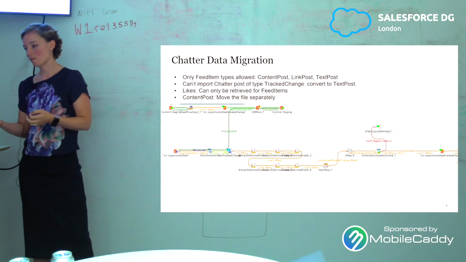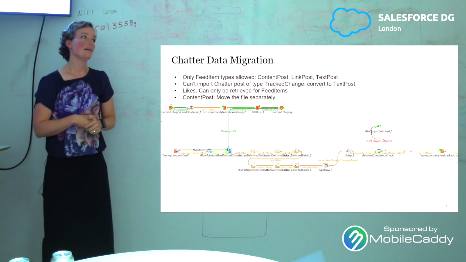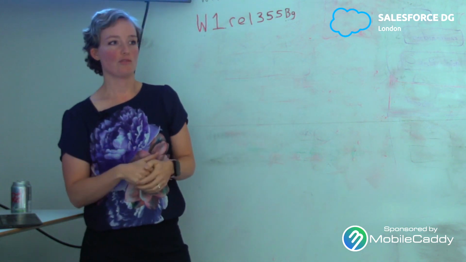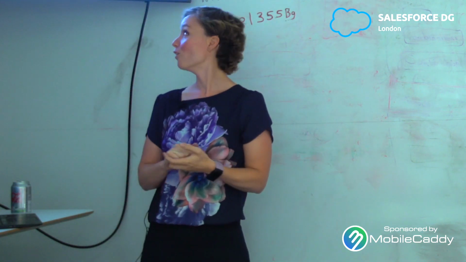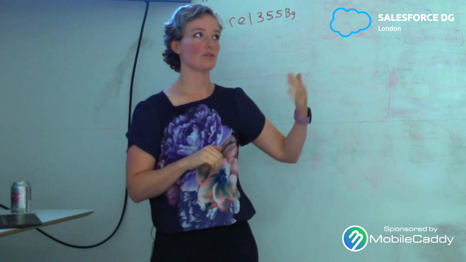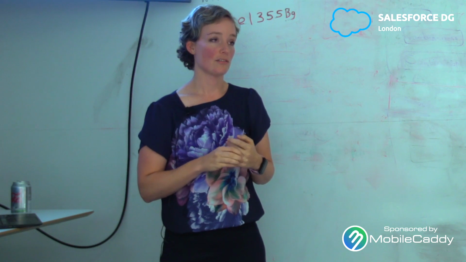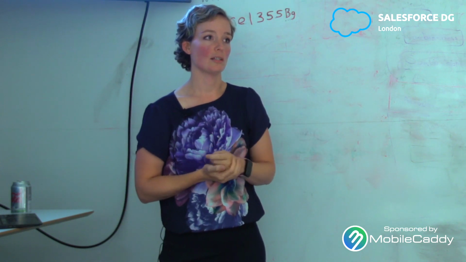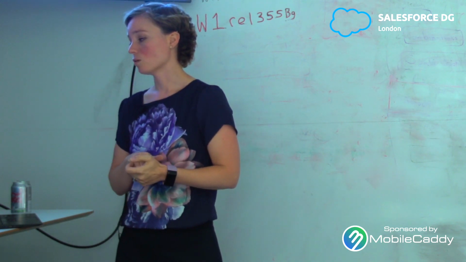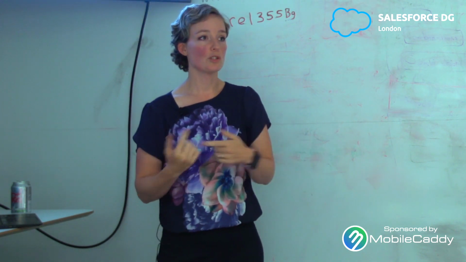In the data migration that I did recently, the client said this is not acceptable for us. We insist on having those track changes. So what we did in the end was we took them out of one of the orgs using an ETL tool or Data Loader. And what we then did was convert them all to a text post.